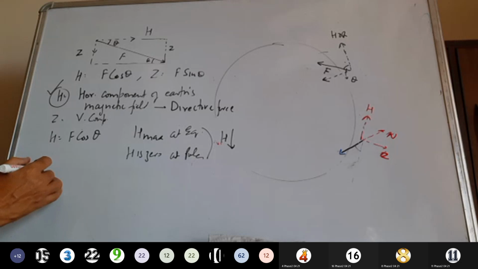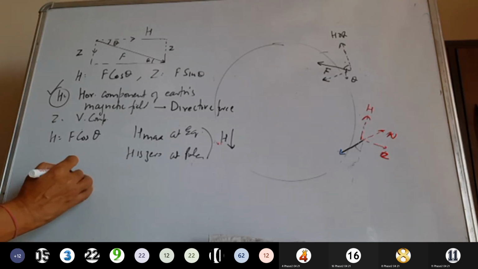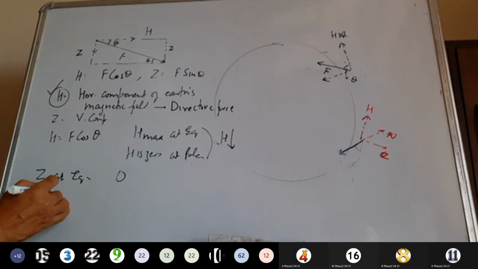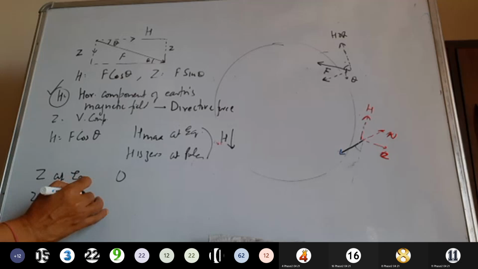Then what will happen to the value of Z? Z is equal to F sin theta. So what is the value of Z at the equator? 0, for sin 0 is 0. And what will Z be at the poles? Maximum.